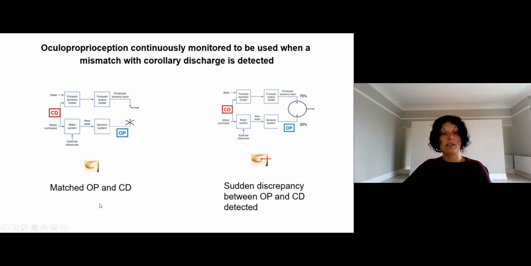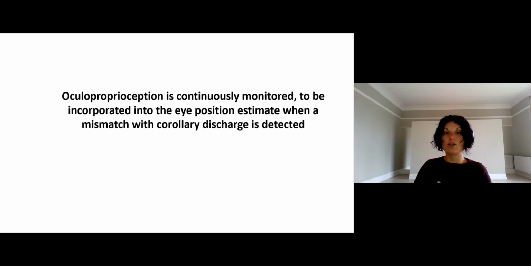Whereas when the ocular proprioception and corollary discharge provide matched information, then corollary discharge is used alone. So the conclusion is that ocular proprioception is continuously monitored to be incorporated into the eye position estimate when a mismatch with corollary discharge is detected.